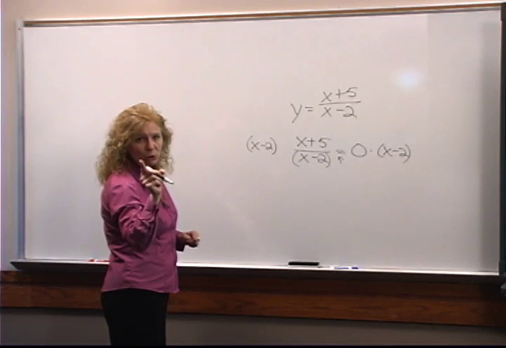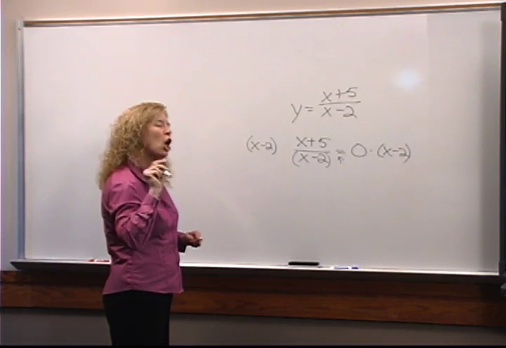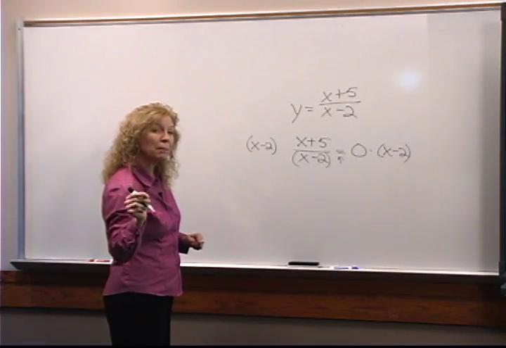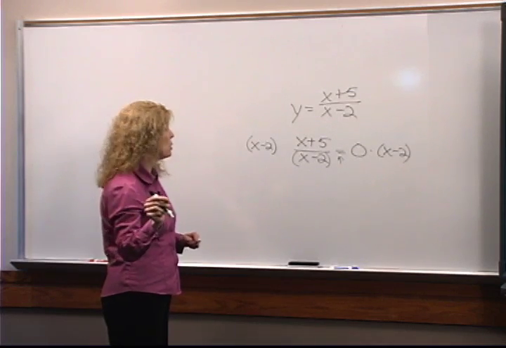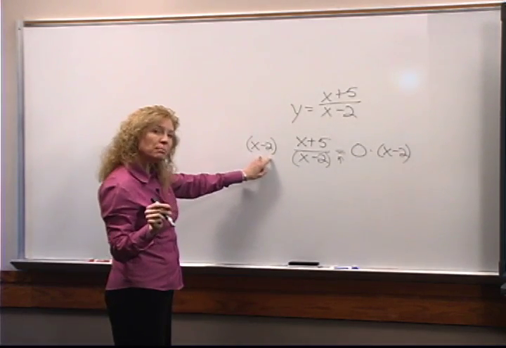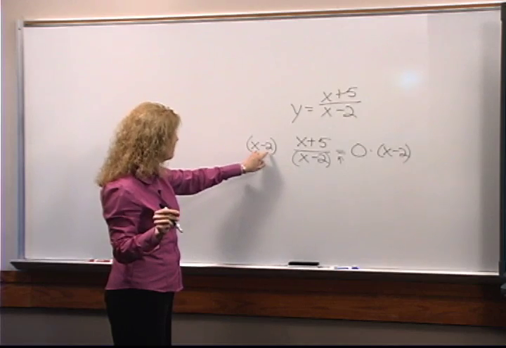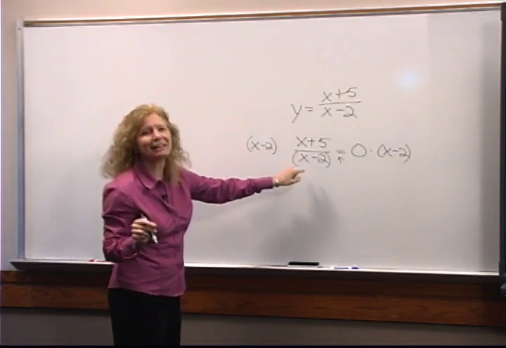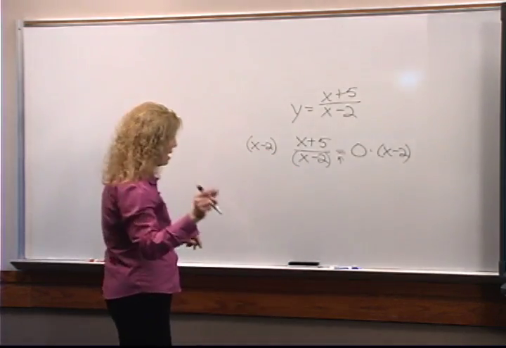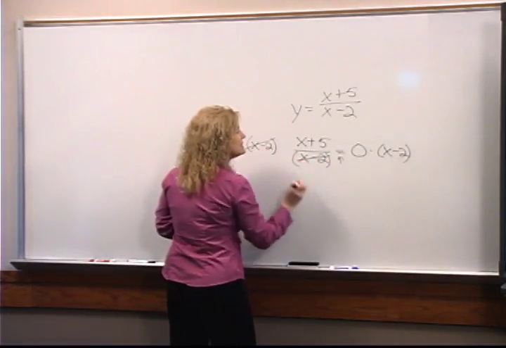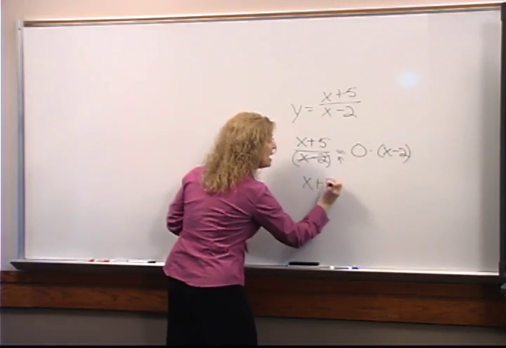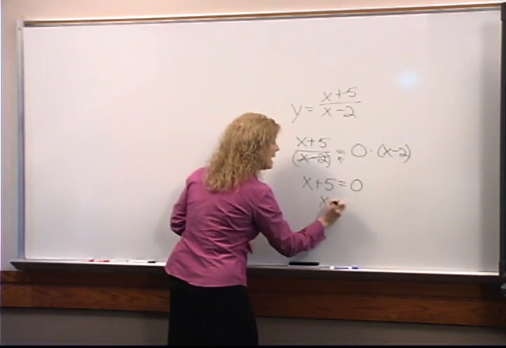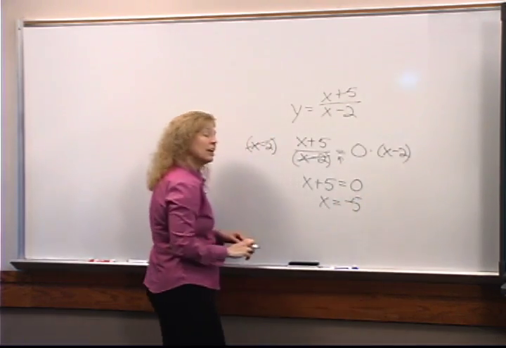It's totally legal on an equal sign as long as I am not multiplying by 0. And the only way I would be multiplying by 0 is if x were 2, but it can't be. So I end up with x plus 5 is equal to 0 and x is equal to negative 5.